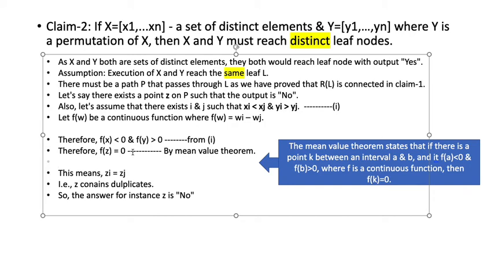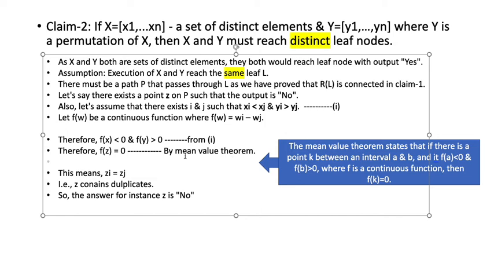We can prove this by the mean value theorem. So now let's understand what the mean value theorem says. The mean value theorem states that if there is a point k in an interval a to b, and if f of a is less than 0 and f of b is greater than 0, where f is a continuous function, then f of k is 0.